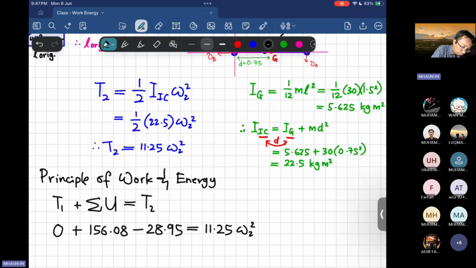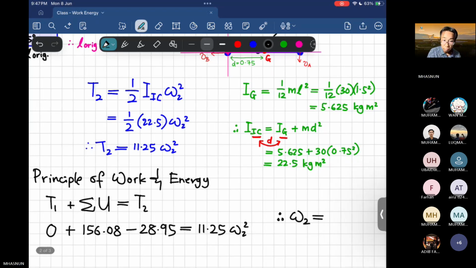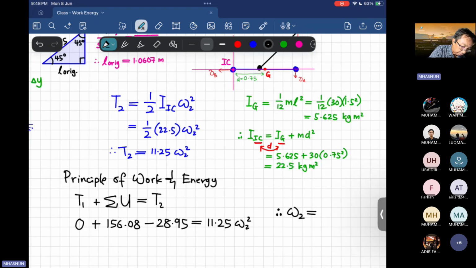And therefore, we will get the value of omega 2 is 3.362 radian per second. Okay, so that will be the final answer for this question.